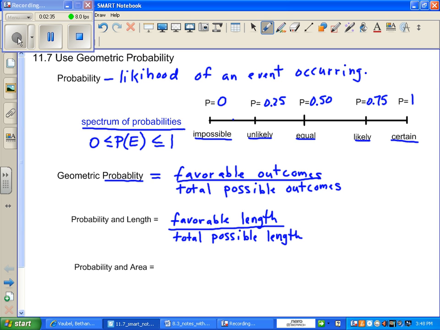And then the probability in area is favorable area divided by the total possible area. All right, we'll practice these different probabilities on the next set of problems.